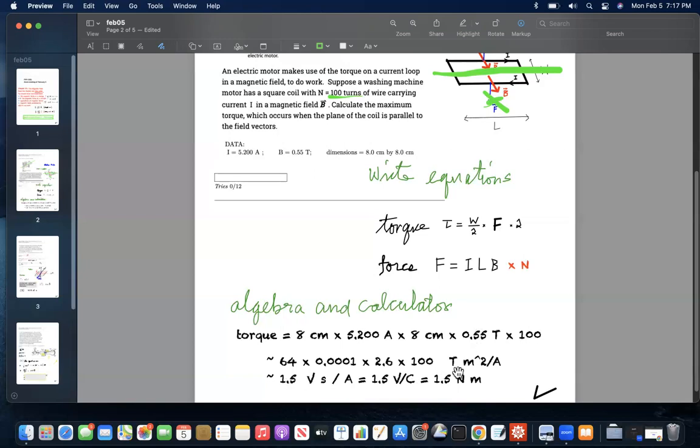And as for the unit, a Tesla is a volt second per meter squared. So Tesla meter squared is volt seconds. So it'll be volt seconds divided by amps. Amps is coulombs per second. Let's see. Tesla is volt seconds per meter squared. So that'll be volt seconds divided by amps.